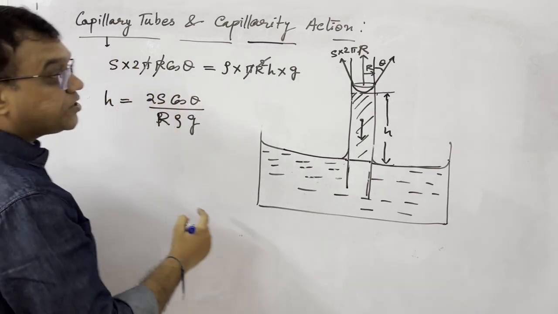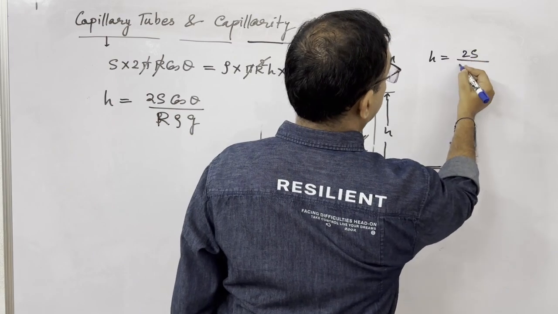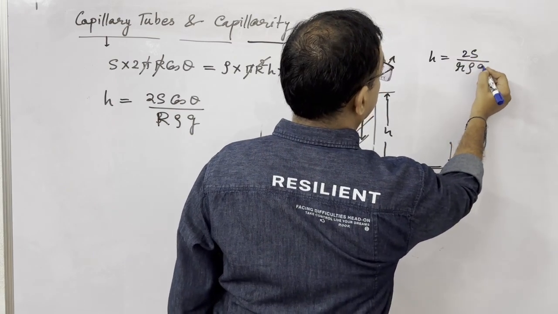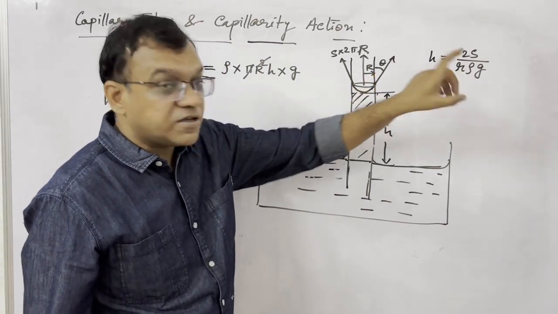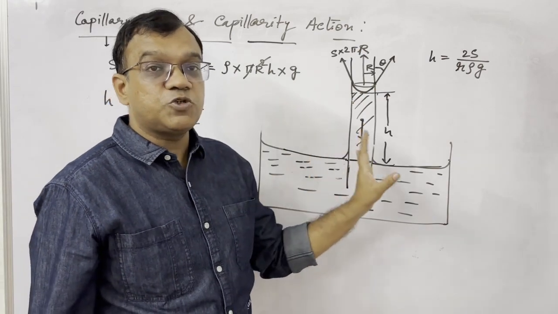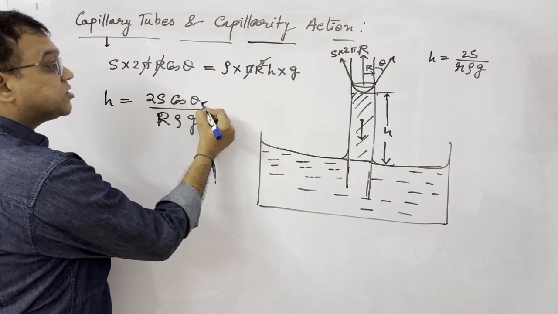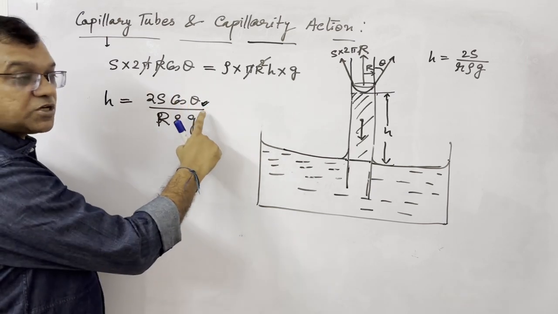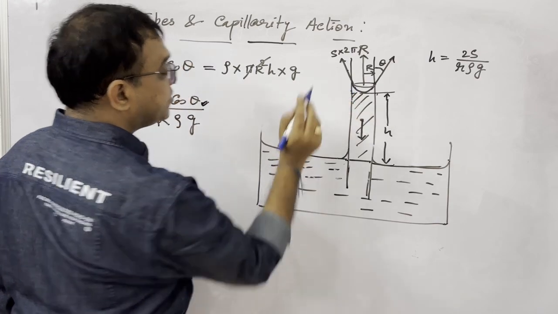Now earlier what I have written, h equal to 2s upon r rho g. Now this r and this r have a relation. This is the most important point to understand. Please see it carefully. Theta is the contact angle between this liquid and this solid.